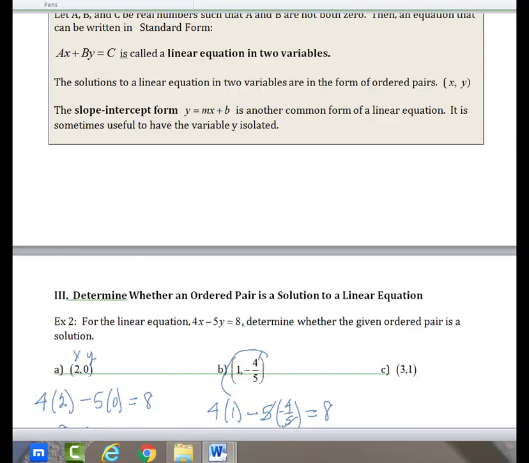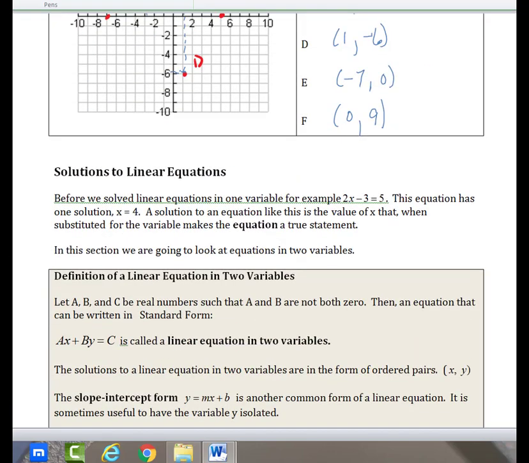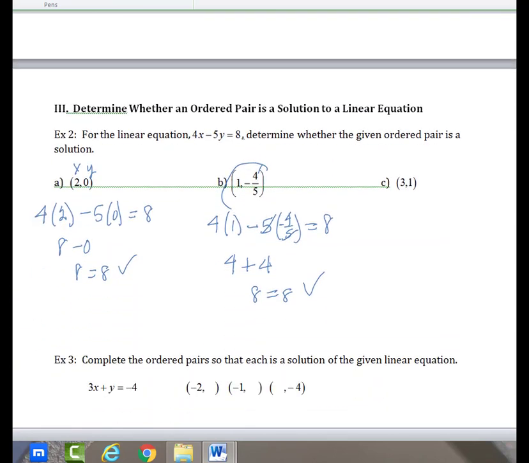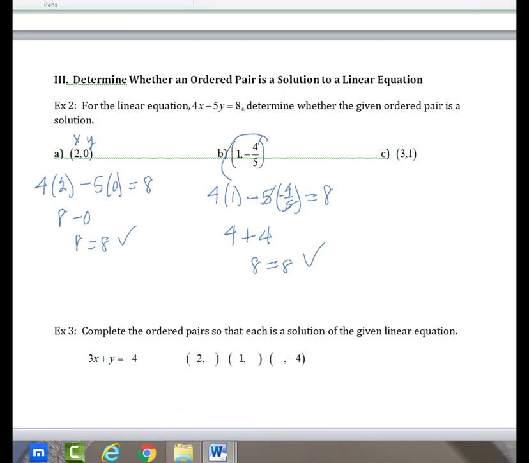Now remember, when we were solving linear equations with one unknown, there was only one x value that was a solution to the equation, unless it was one of the special cases where there was an infinite number of solutions. But here, all linear equations have an infinite number of solutions, and those solutions happen to fall in a line. And those solutions are in the form of ordered pairs.